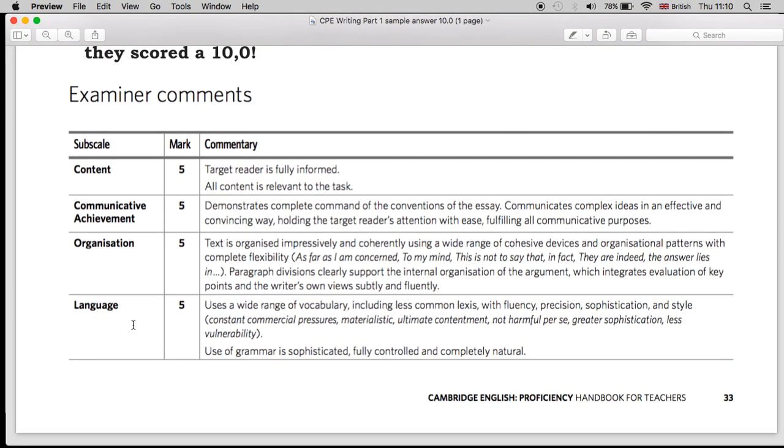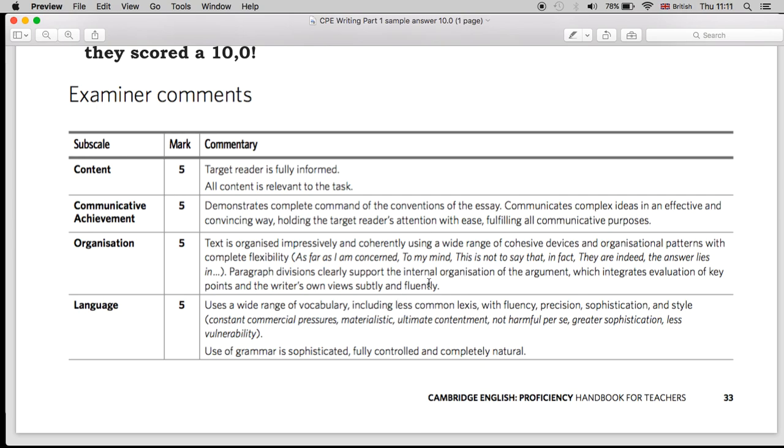And language itself, well, the author uses a wide range of vocabulary, including less common lexis, that is, less common vocabulary. And they do this with fluency, precision, sophistication, and style. For example, phrases such as constant commercial pressures, materialistic, ultimate contentment, not harmful per se, greater sophistication, and less vulnerability.